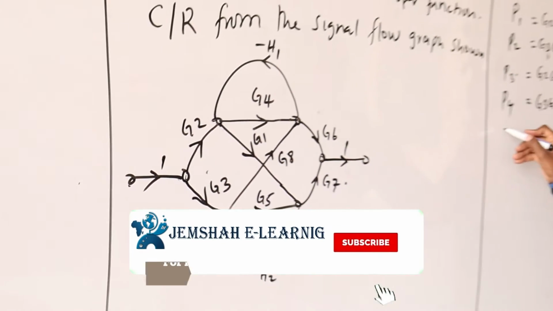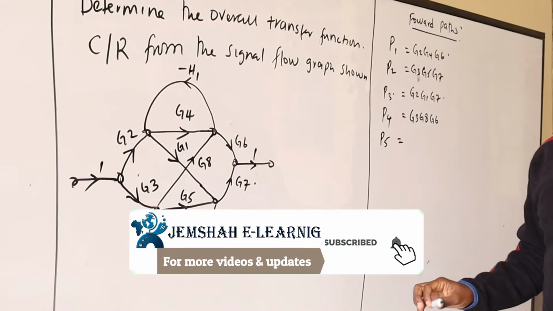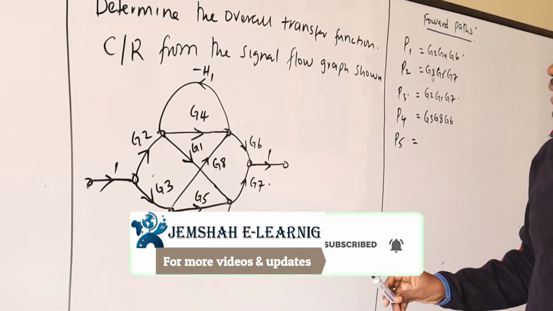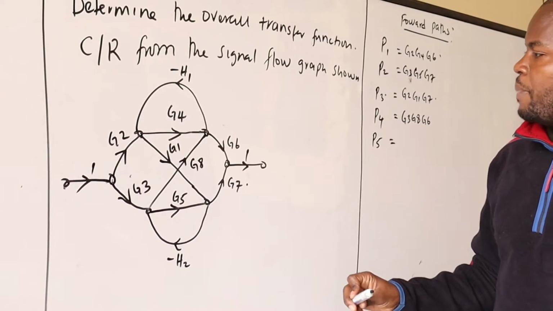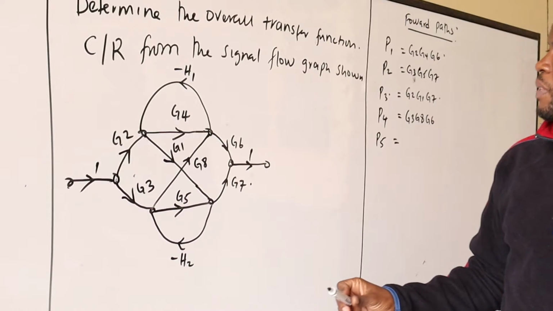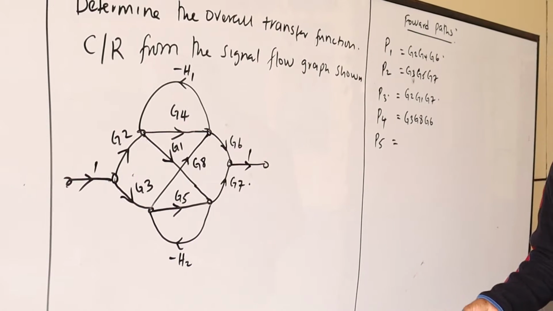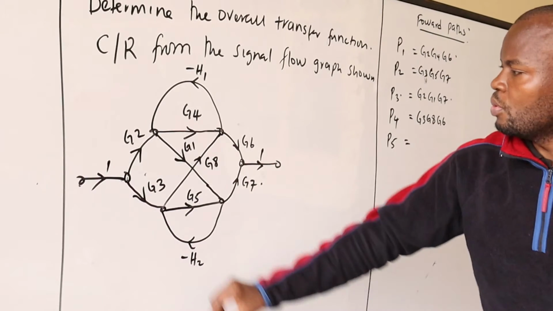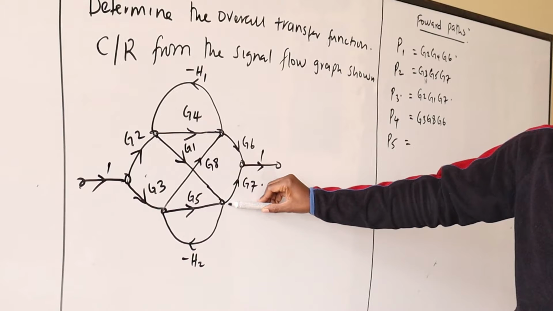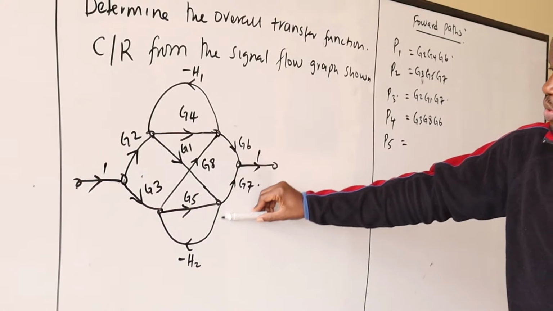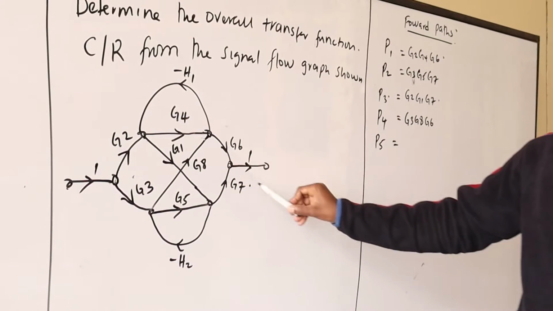We can look at another path, path P5. We've said that the path should be from the input to the output, and it should not traverse a path more than once. So it starts with G2, then goes to G1, then using the feedback minus H2, it goes to that point, then goes to G8, then finally to G6.